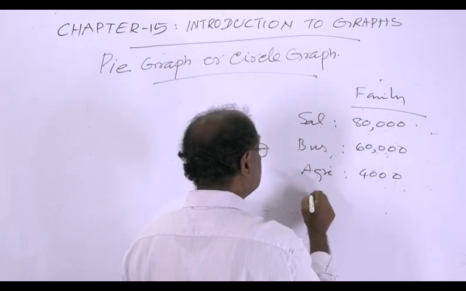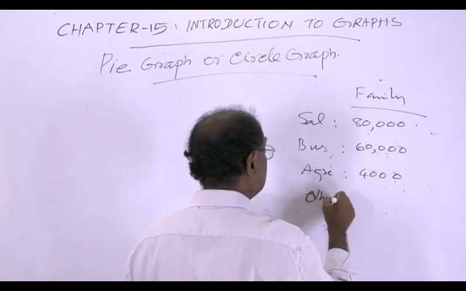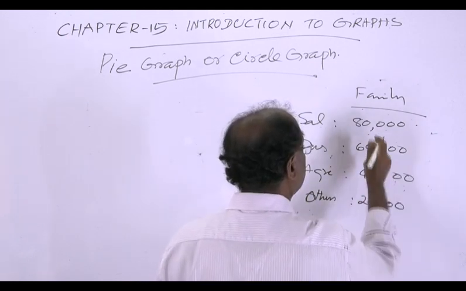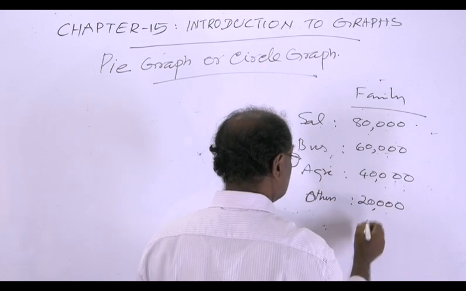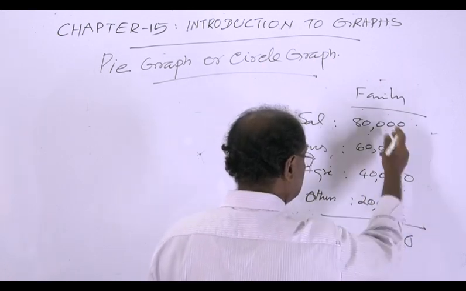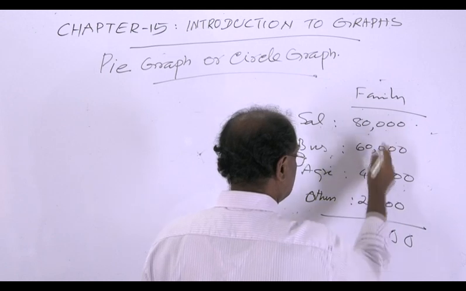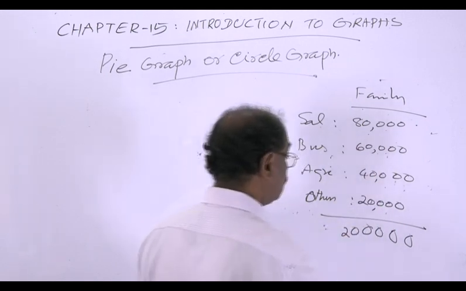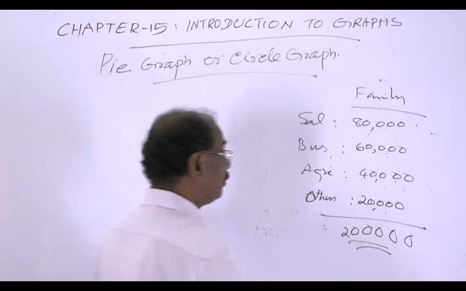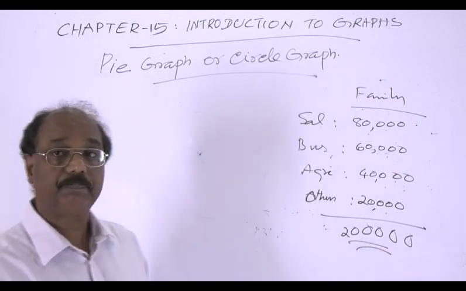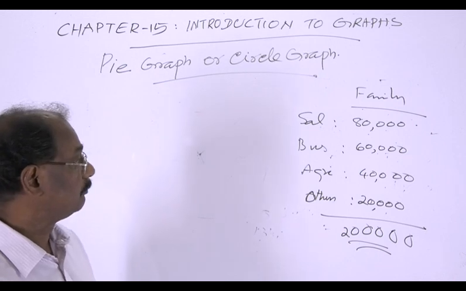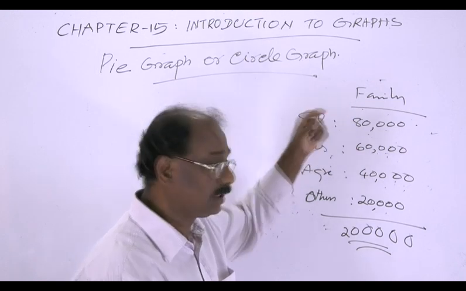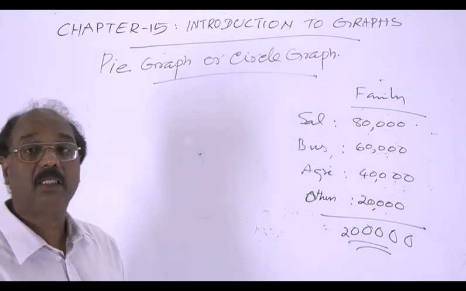And income from other sources, say 20,000. 80,000, 60,000, 40,000, 20,000. Total, 2 lakhs annual income. 4 plus 2, 6, 6 plus 6, 12, okay, 2 lakhs.